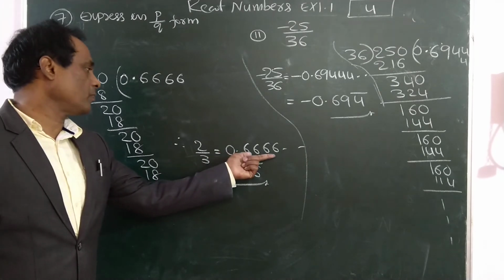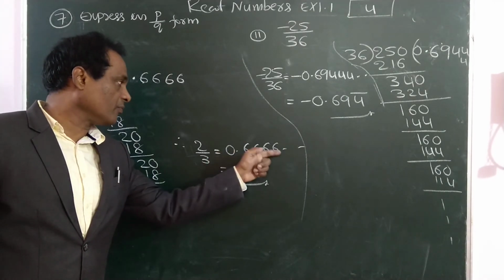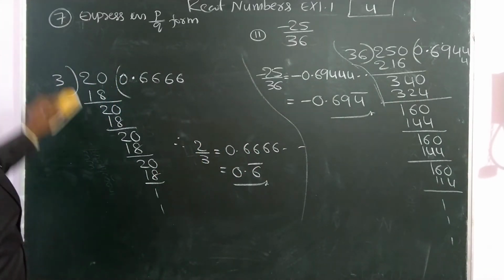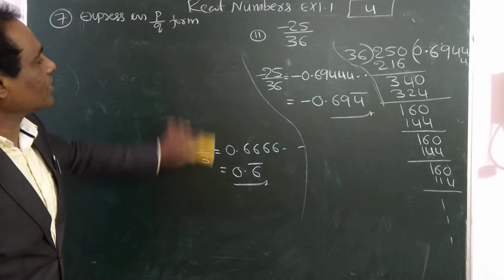That means the decimal form will be given, and how do we get the P by Q form, the fraction form? That model we are solving.